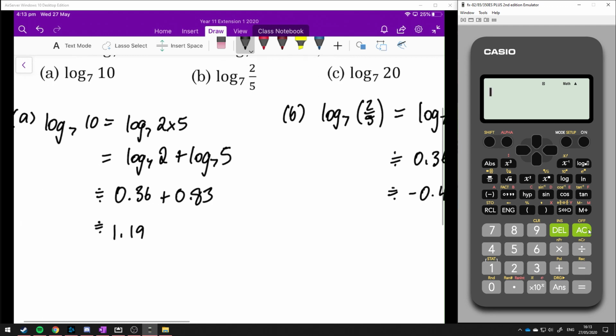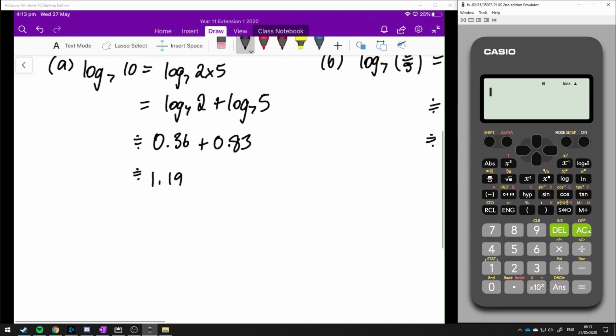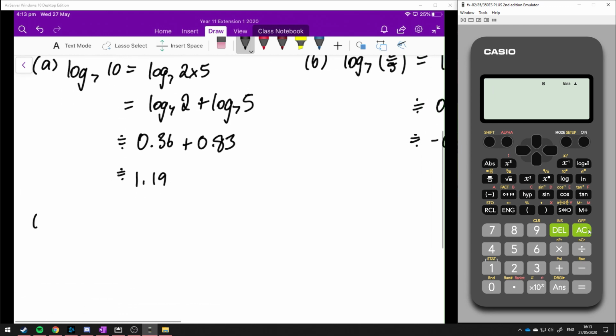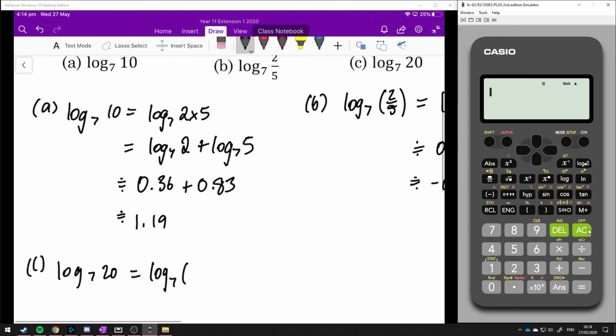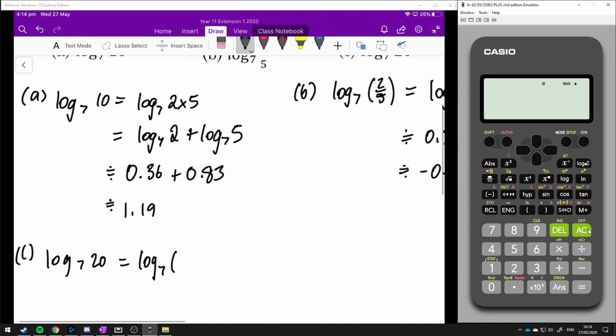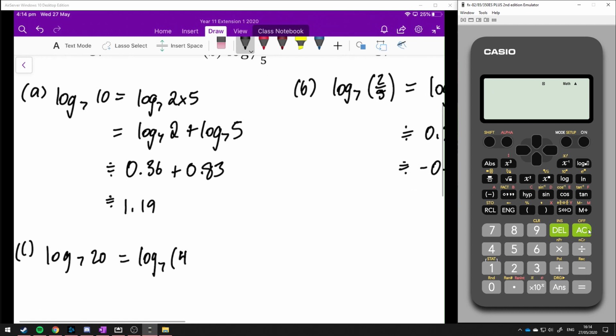Now we've got log 7 of 20 for part C. So how are we going to do this one? Well, it's the same as log 7 of 4 plus log 7 of 5, okay?